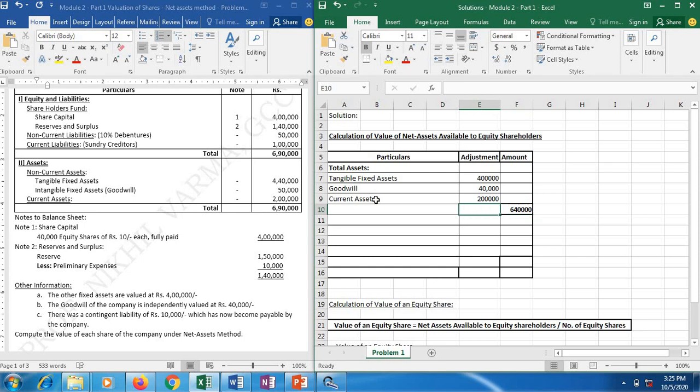This is total A, which is nothing but total assets. We can write any one, total A or total assets.